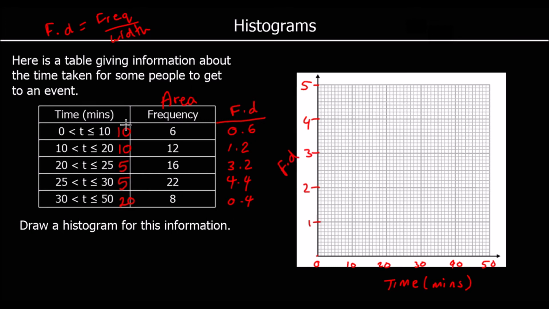So the 0 to 10 group has got a height of 0.6. 10 to 20 goes up 1.2. 20 to 25 goes up 3.2. 25 to 30 goes up 4.4.